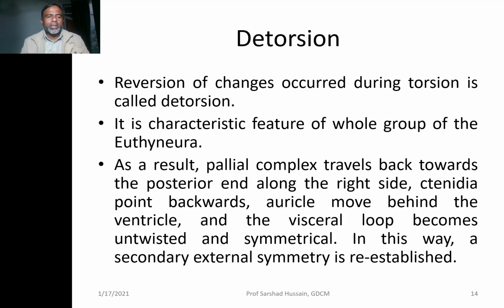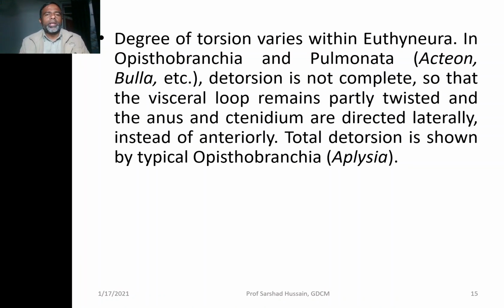The auricle moves behind the ventricle, and the visceral loop becomes untwisted. All changes will be reversed, and the animal will become symmetrical. In this way, secondary external symmetry is re-established, which is called detorsion, and detorsion takes place if the shell is lost.